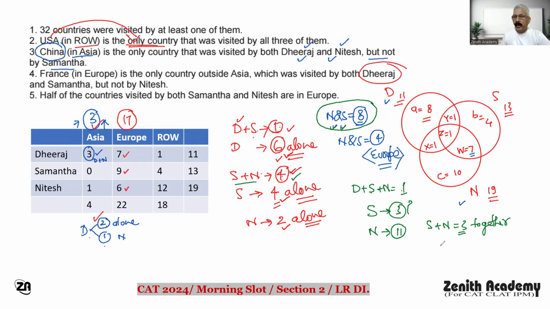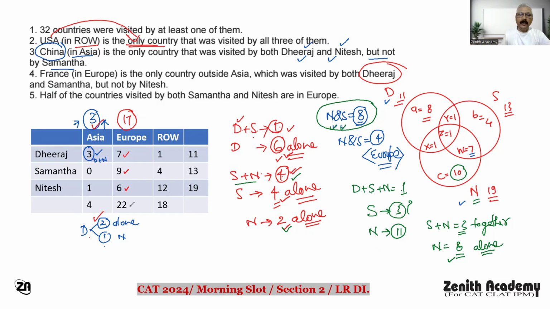And the rest, 8 countries, where Nitesh went alone. Correct. So the total number of countries visited by Nitesh alone is 10. So 8 this alone, 2 this, and is it okay? So 8 plus 2, 10. Everything is fine. A is equal to 8.